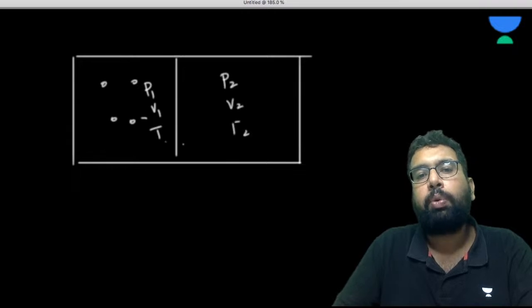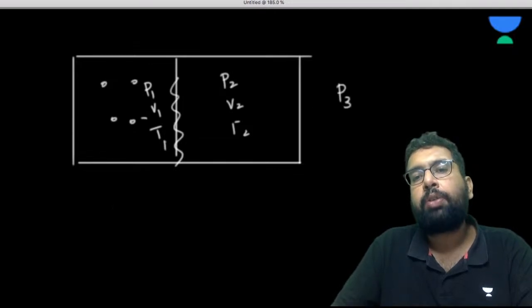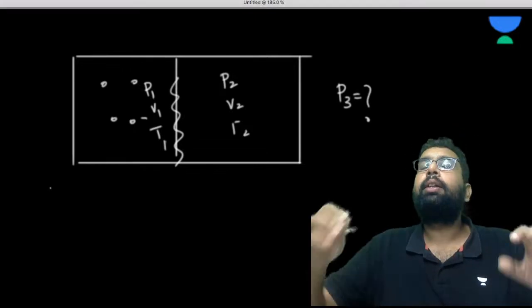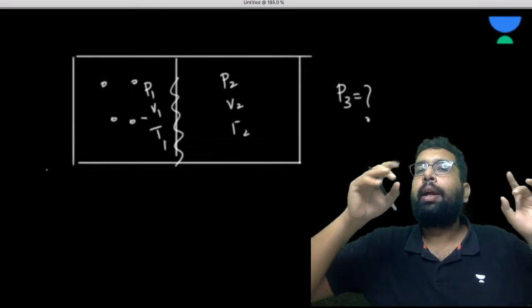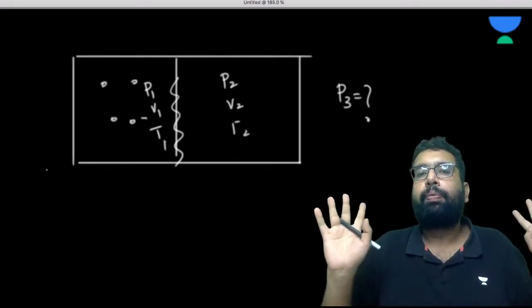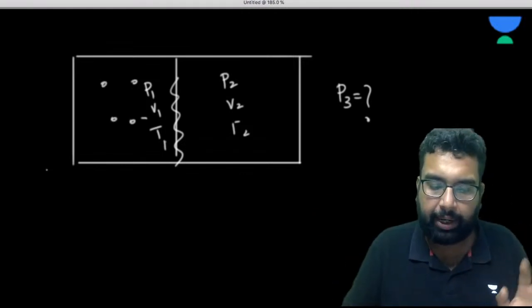Now I remove the chamber partition, and what is going to be the final pressure of this mixture? What I'm trying to tell you is that in the final P3 you cannot use anything other than P1, V1, T1, P2, V2, T2.